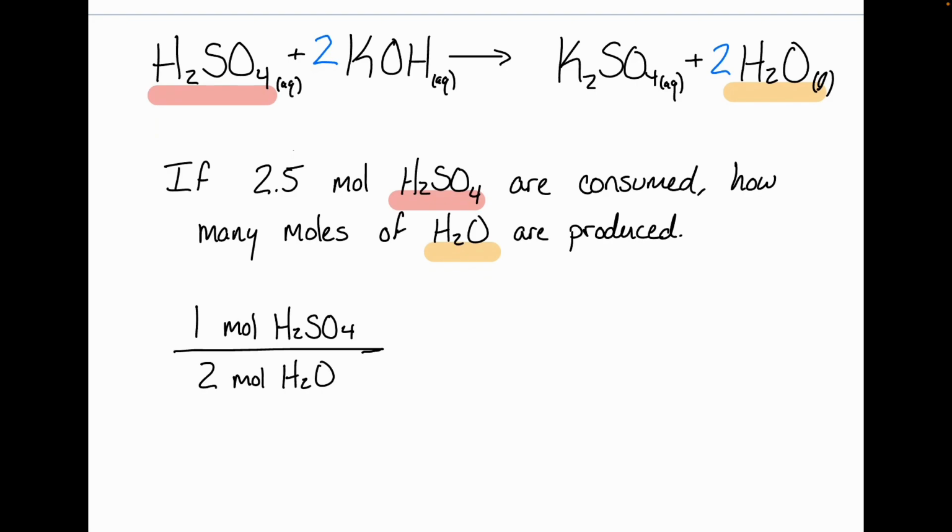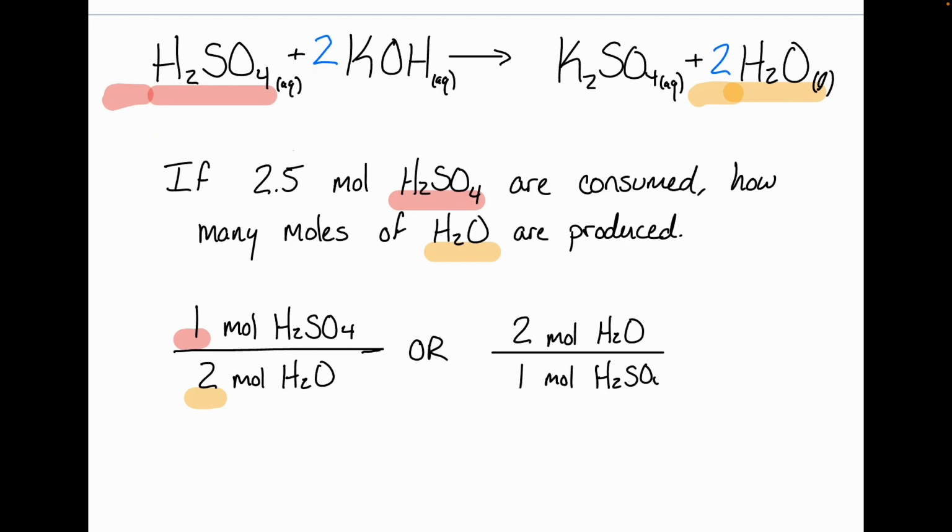And the 1 comes from the fact that in my balanced chemical equation, I have 1 hydroxide ion and 2 water molecules, right? So that's where those numbers come from. And for any stoichiometric ratio, just like with any conversion factor, you can take it and flip it upside down. So 2 moles of water on top and 1 mole of H2SO4 on the bottom.